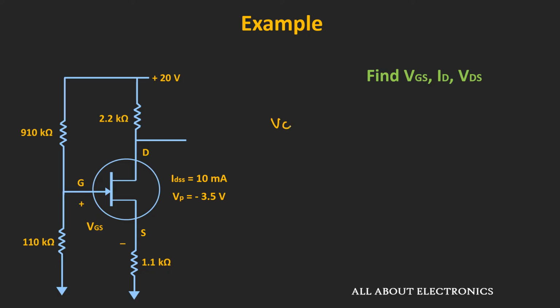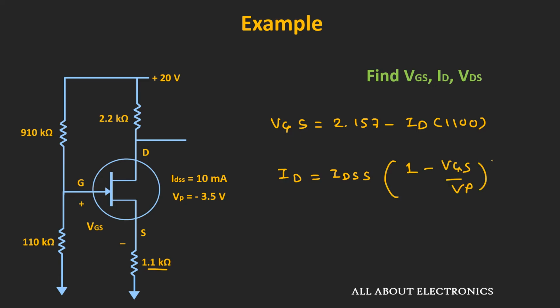That means VGS is equal to 2.157 minus ID times RS, and here RS is equal to 1.1 kilo ohm. That means we can say that VGS is equal to 2.157 minus ID times 1100. Now as per Shockley's equation, this drain current ID is equal to IDSS times (1 minus VGS divided by VP) whole square.